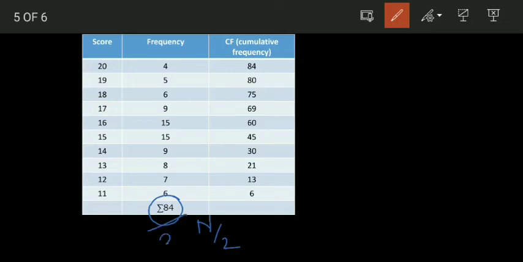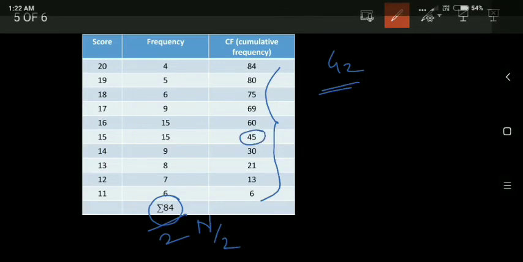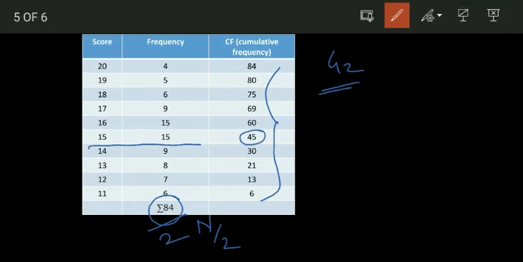So 84 upon 2 is 42. Now we have to find where this 42 lies in the cumulative frequency. So it is near to 45. So in this row, somewhere near 50, our median lies.